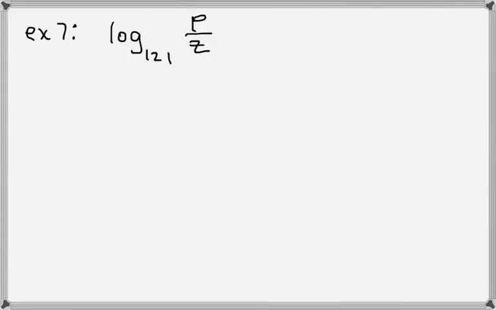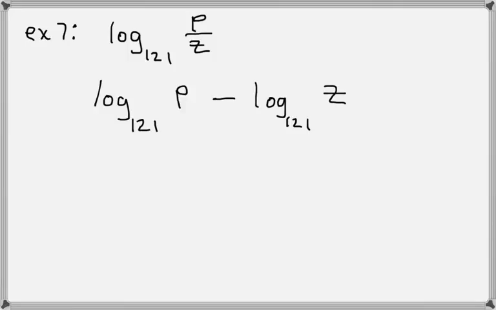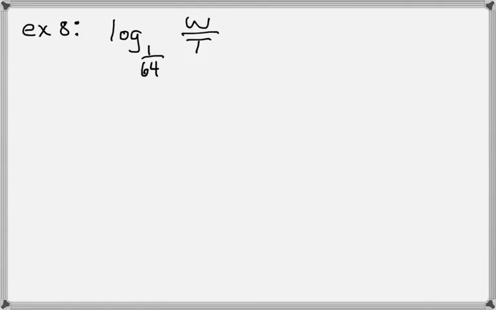In this next example, we have a log base 121 of a p over a z. We can expand that using our quotient property into the log base 121 of the numerator, which was p, minus log base 121 of the denominator, which is z. Here we have a log base 1 over 64 of a w over t.